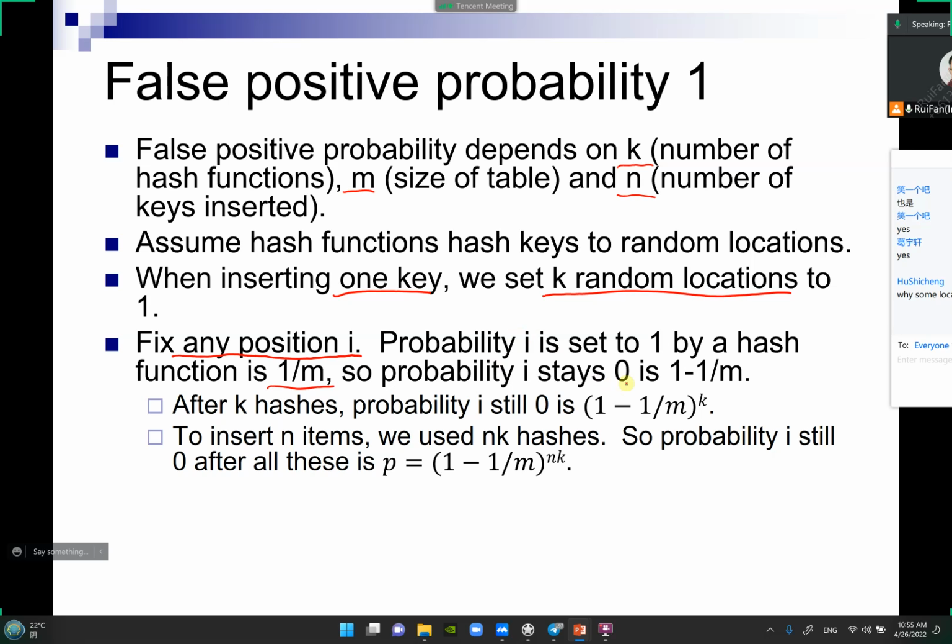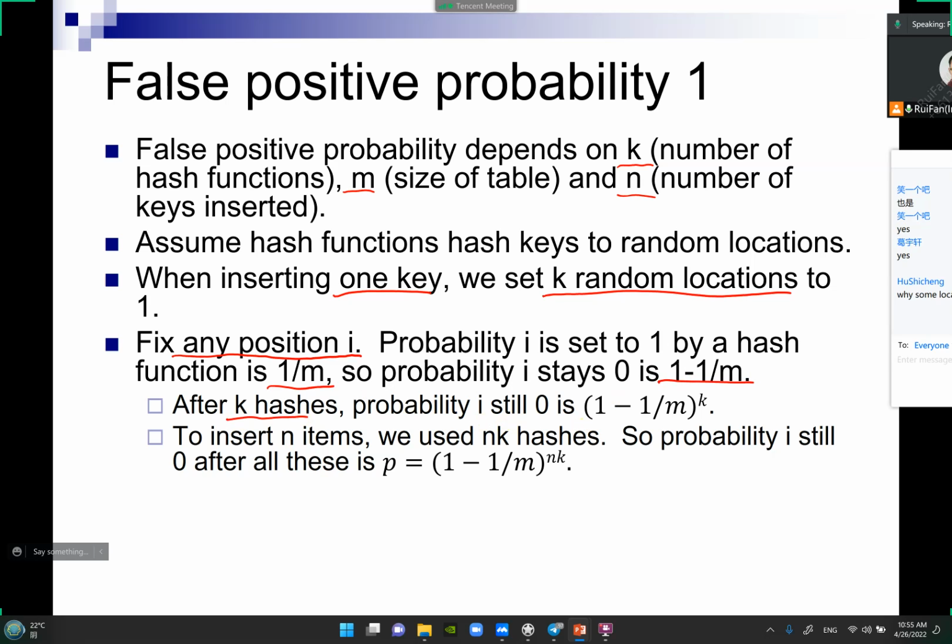Initially i was 0, so the probability that i stays 0 is 1 minus 1/m. But we're not just using one hash function, we're using k different hash functions. So after k hashes, the probability that i is still 0 is this probability to the kth power.